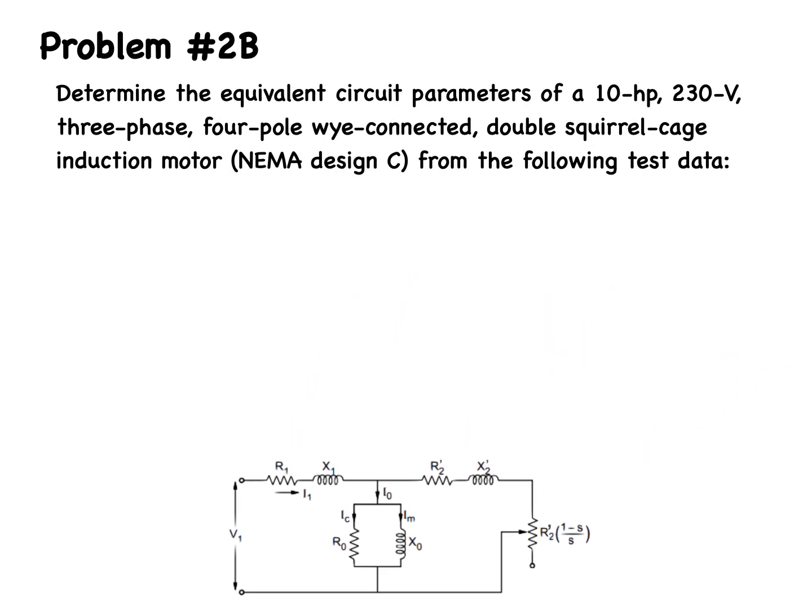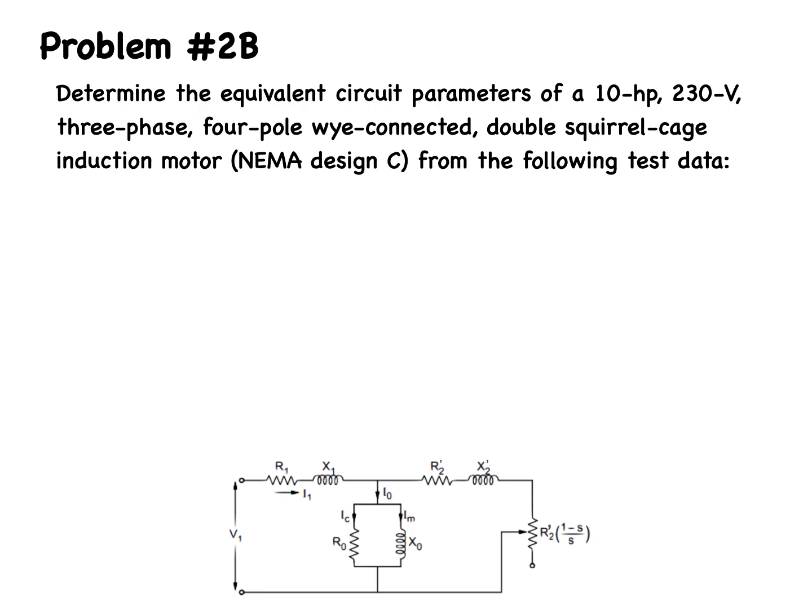In this problem, we will learn how to determine the equivalent circuit parameters of a 10 horsepower, 230 volt, 3-phase, 4-pole, Y-connected double squirrel cage induction motor from the following test data.